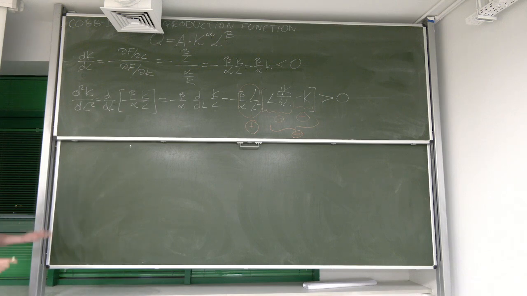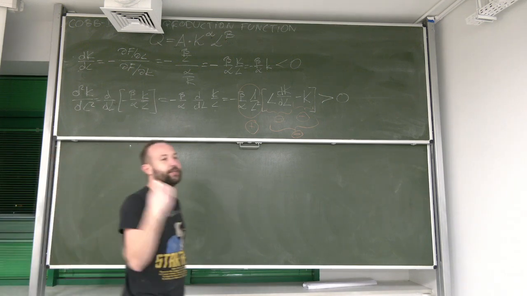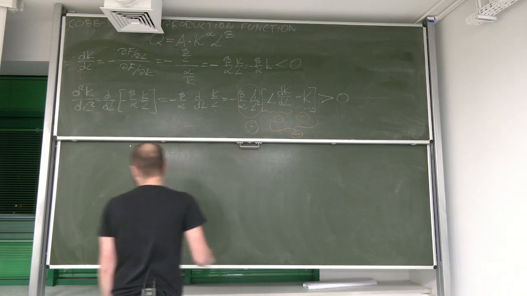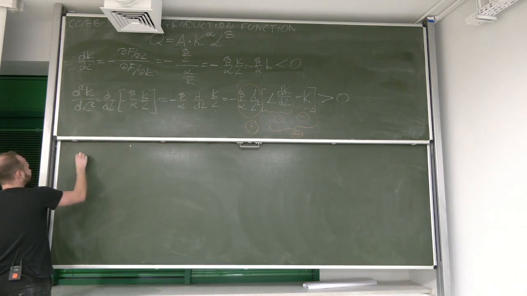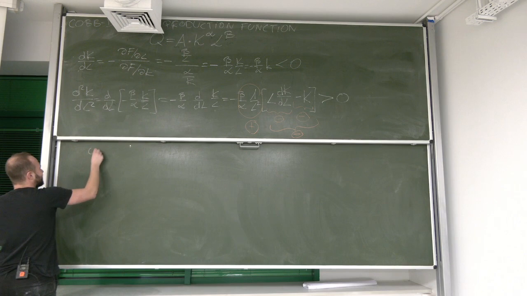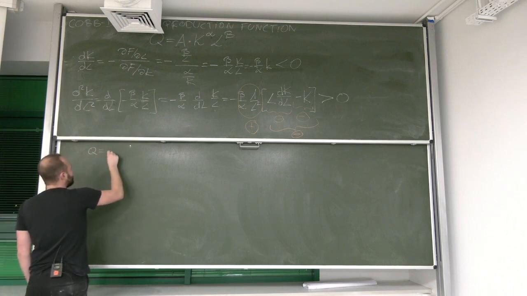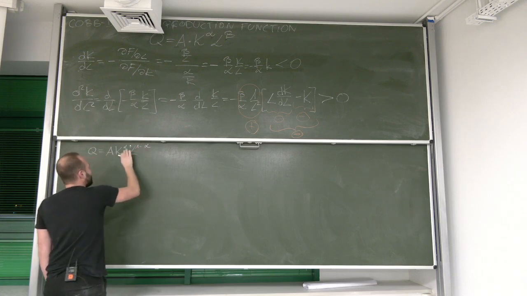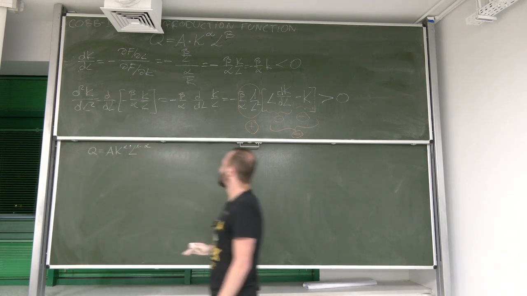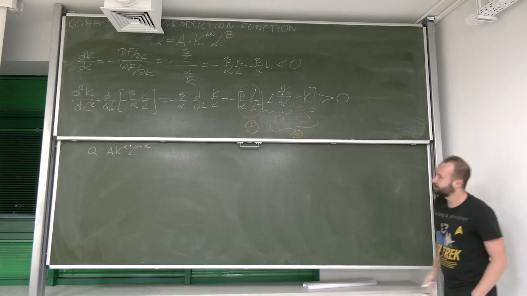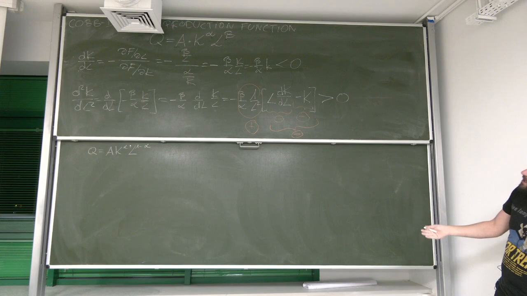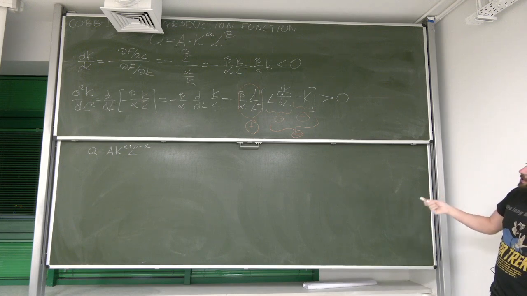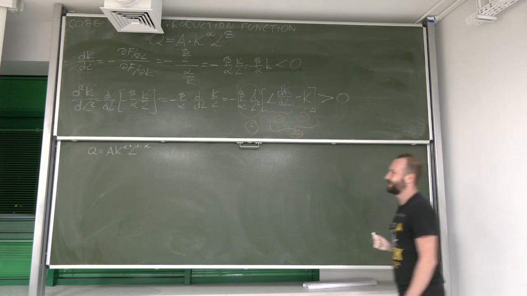This is, of course, the case where we have linear homogeneity, right? We usually write this case as Q equals A times K to the power of alpha times L to the power 1 minus alpha. Those two exponents sum up to 1, so we clearly see that the degree of homogeneity is 1.